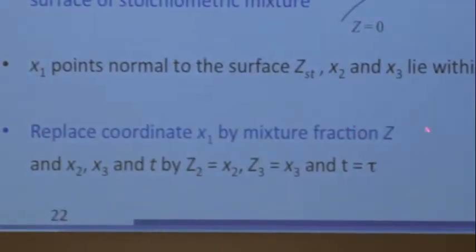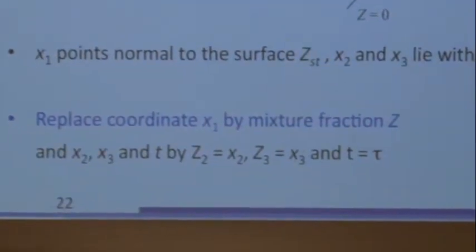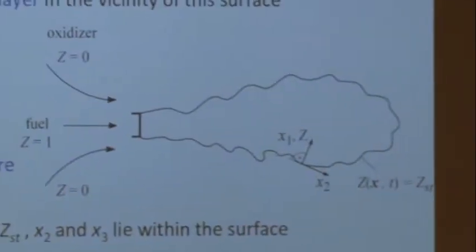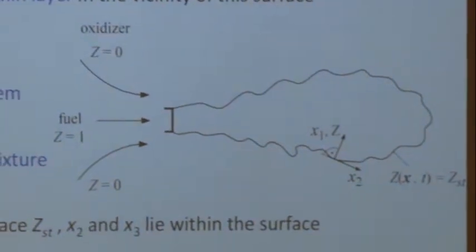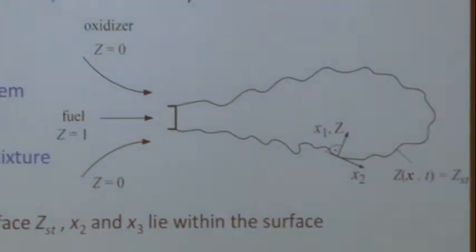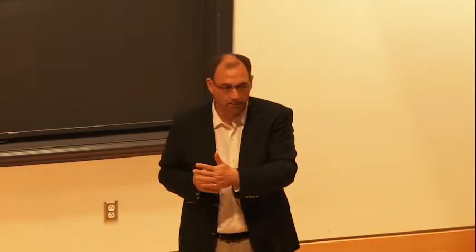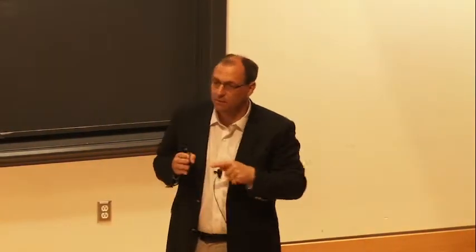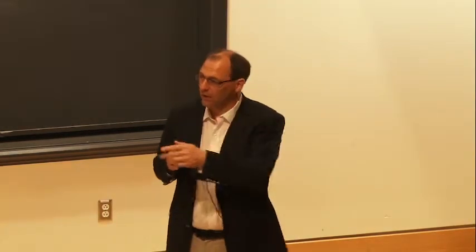Okay, so we replace x1 by mixture fraction, and because x1 is normal to the surface of stoichiometric mixture, x1 points in the direction of the gradient of mixture fraction. The change of mixture fraction and x1 point in the same direction.